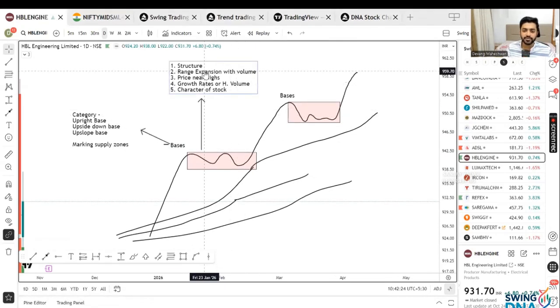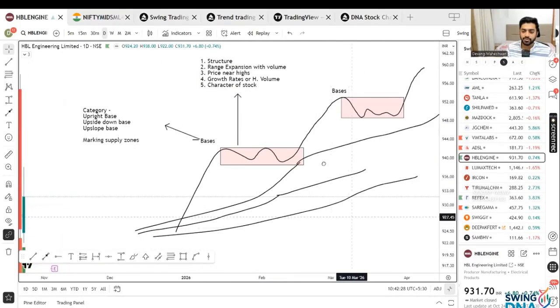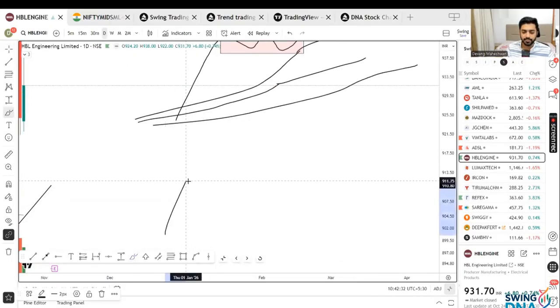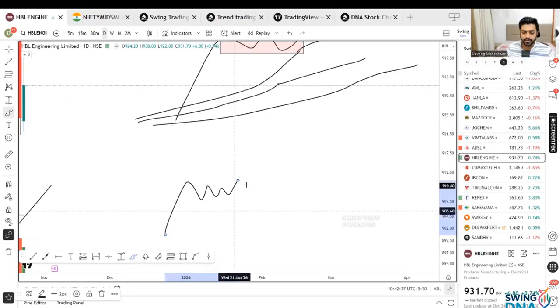Now let's understand first about structure and why it is important. So when a stock is moving and setting up a base, so this is an up move and then it is setting up a base here, it is moving into a consolidation period. We need it to be in a right structure. It should contract the volatility when it is trying to consolidate.